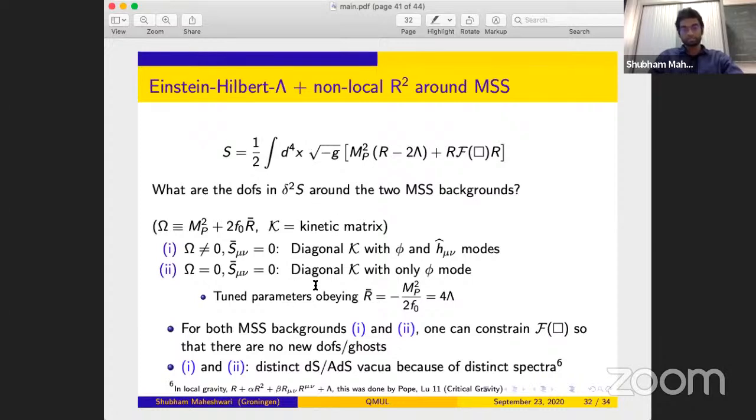So what I did in the non-local theory is sort of a higher derivative generalization of critical gravity, where you can have some special dS-AdS vacua with degrees of freedom distinct from usual expectations. You would typically expect to have gravitational waves, tensor modes, but it is indeed possible to have a particular tuning where you do not have tensor modes.